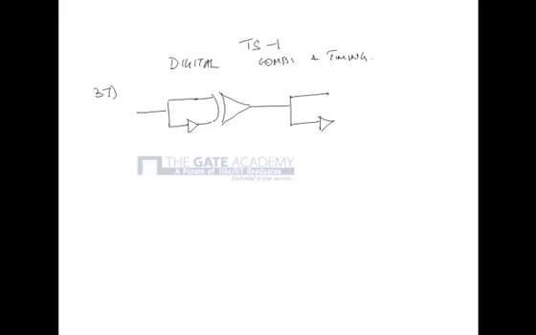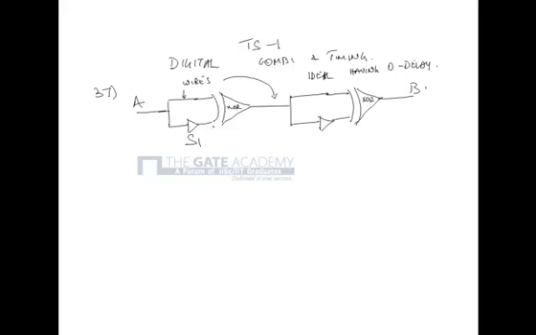The problem says that the wires and the XOR gates are ideal and have zero delays. So the wires and XOR gates are ideal, having zero delay.